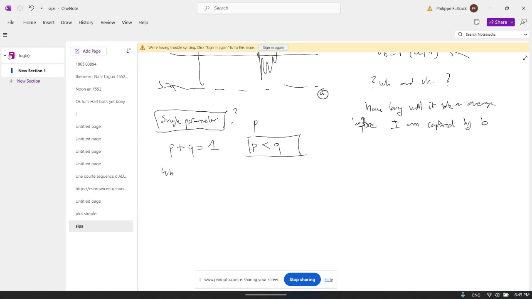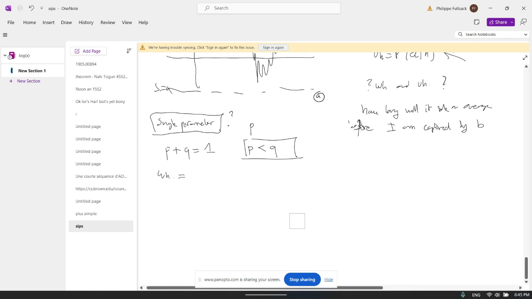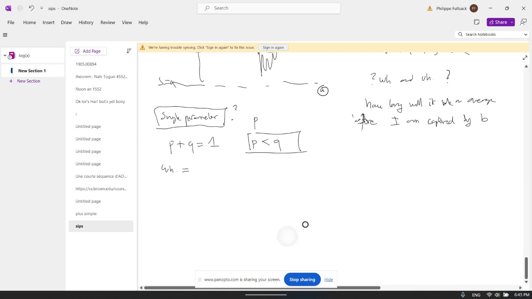So we are going to say that WH is the probability of arriving at B, captured by B at score B, when I started at H. And I'm going to use the law of total probability.